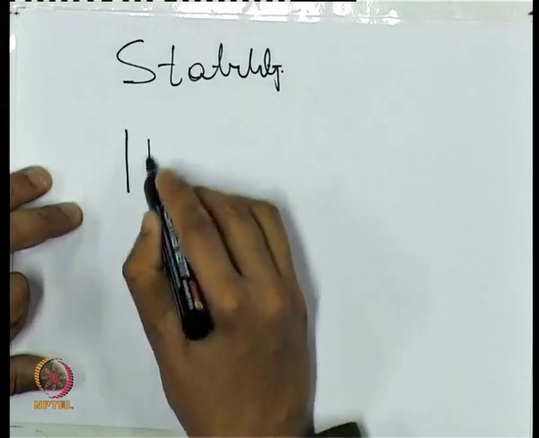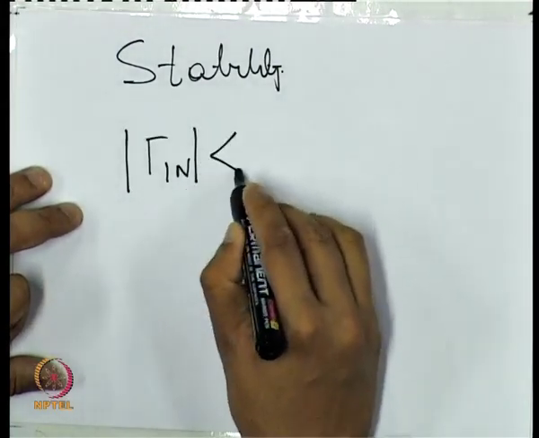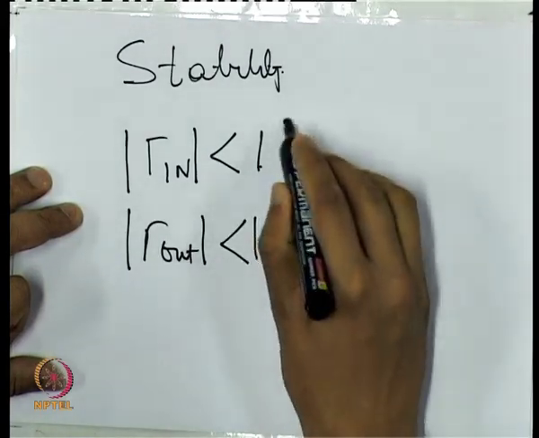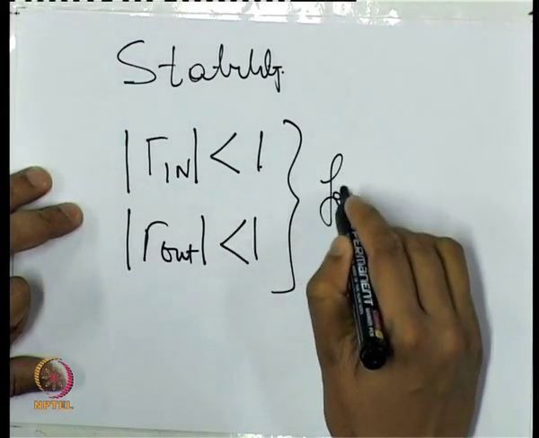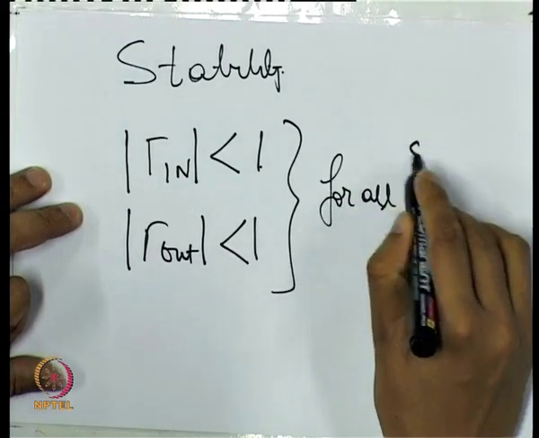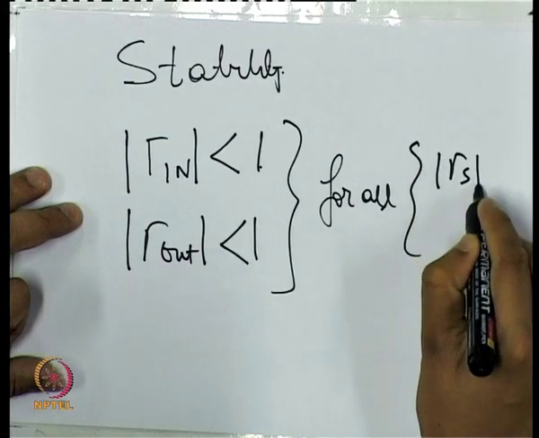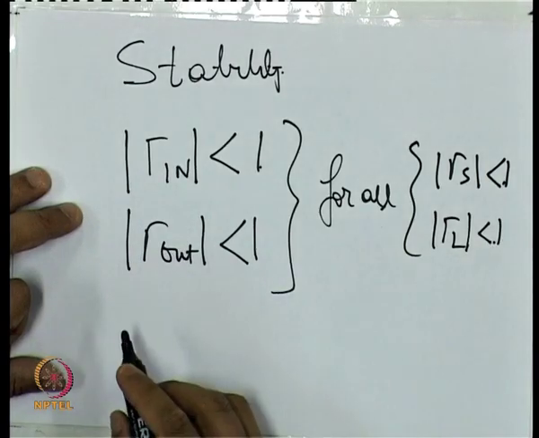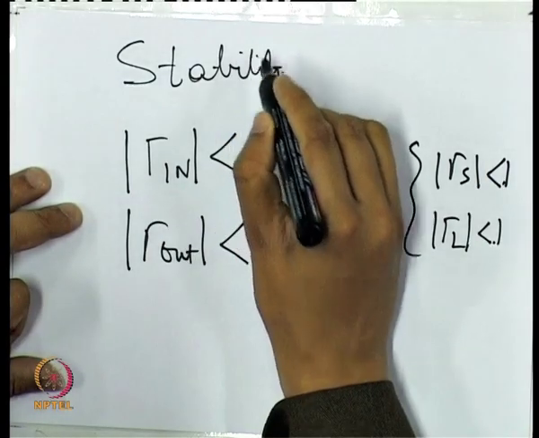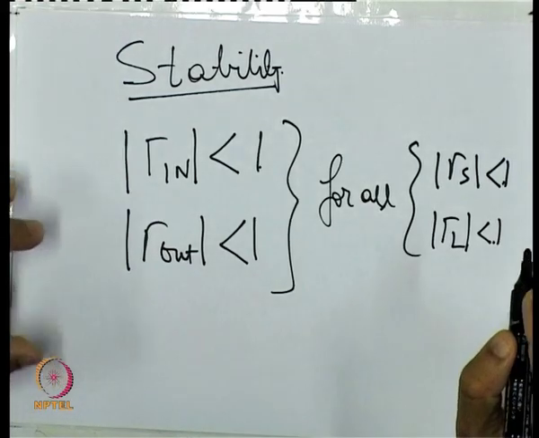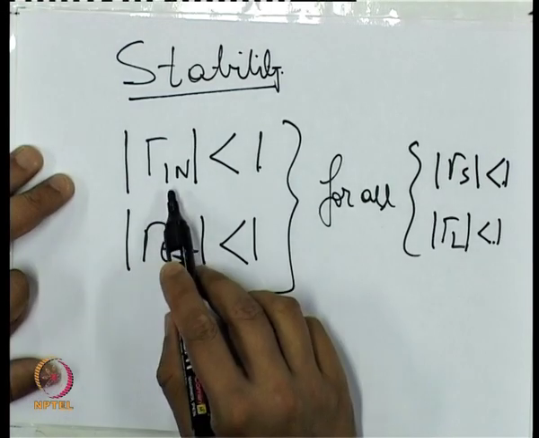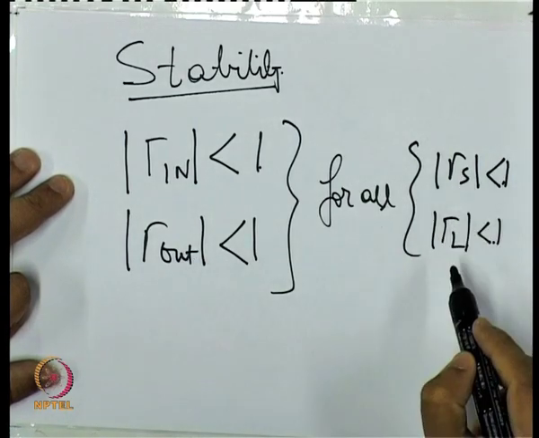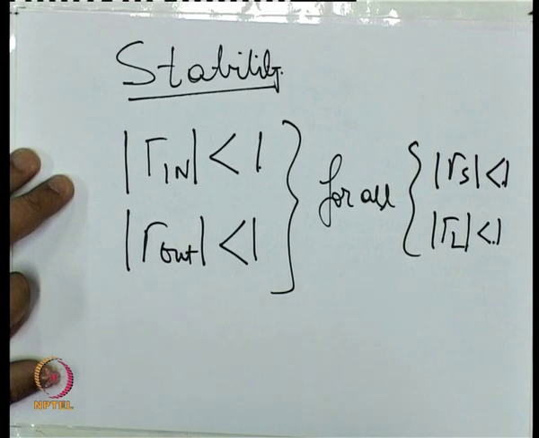We saw that if modulus of gamma in is lesser than 1 or modulus of gamma out is lesser than 1 for all modulus gamma s lesser than 1 and modulus gamma l lesser than 1, this is the stability criteria.